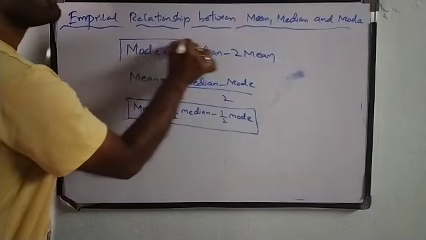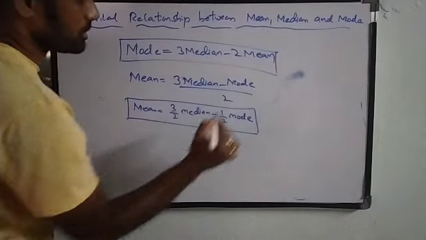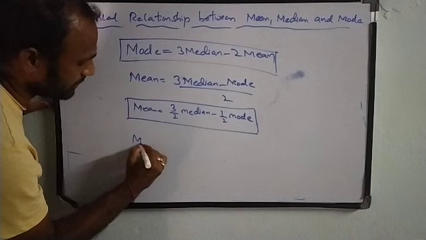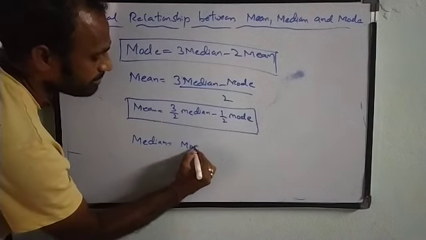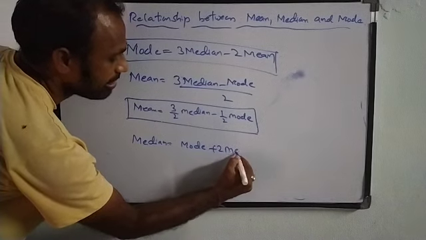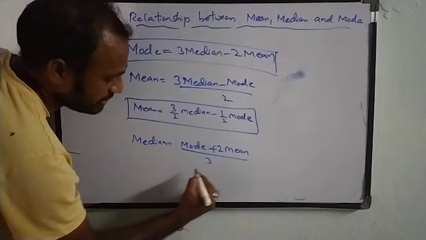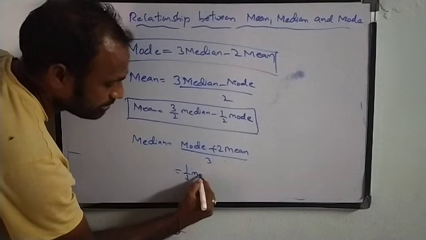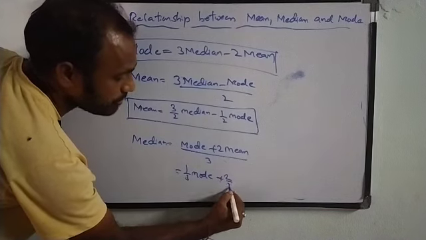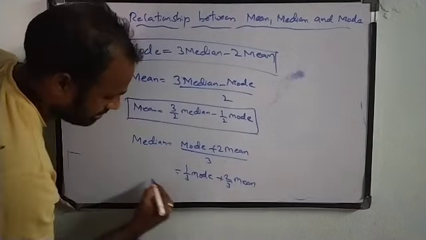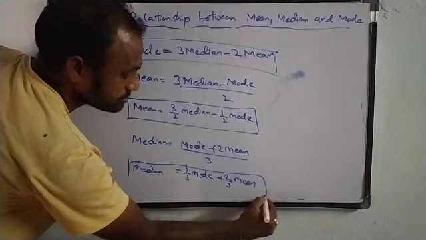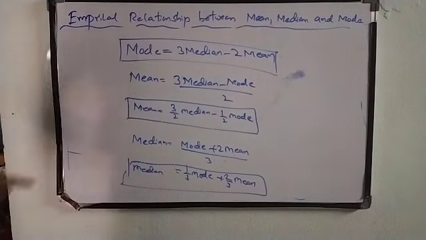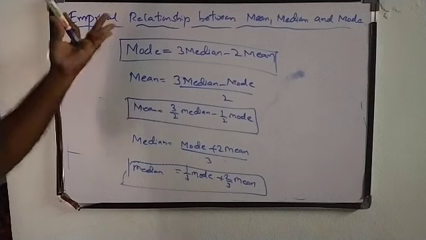These are the formulas they will be asking in the MCQs, multiple choice questions, as well as the median. So the median is mode plus 2 mean by 3, which is 1 by 3 mode plus 2 by 3 mean. So these are the three formulas which show the relationship between mean, median and mode.